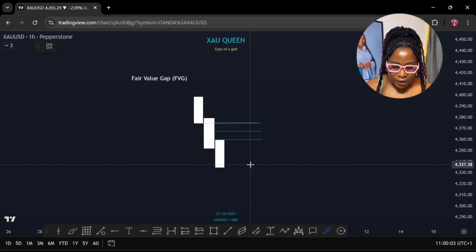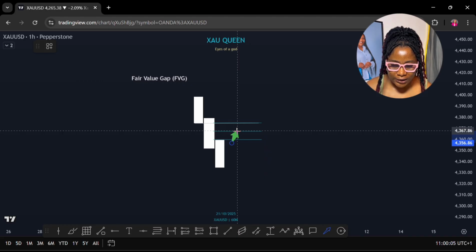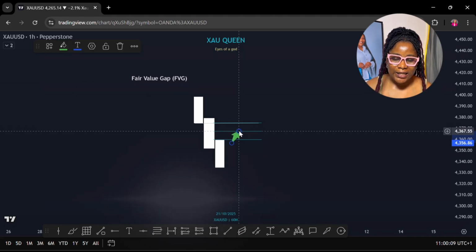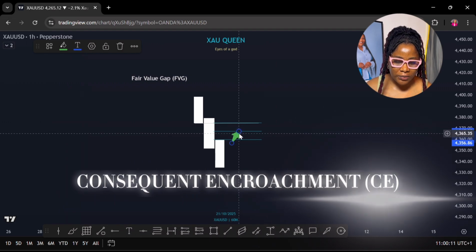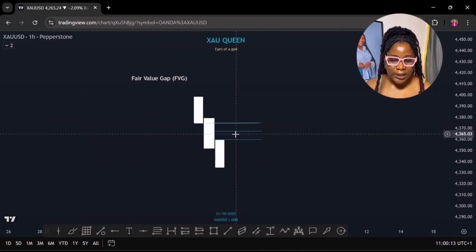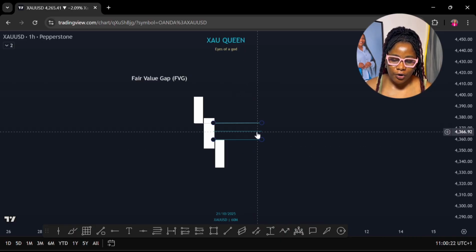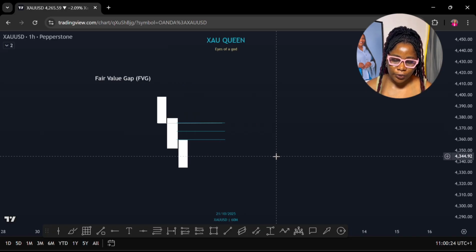And then the middle of this fair value gap, this 50%, this center line, is your consequent encroachment, CE for short. Most fair value gaps always tap into the consequent encroachment before the next move downward.